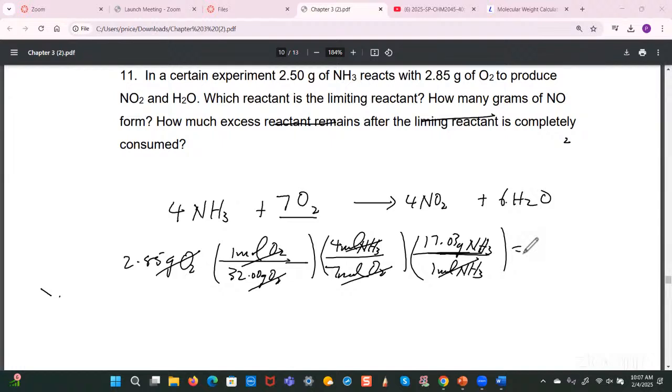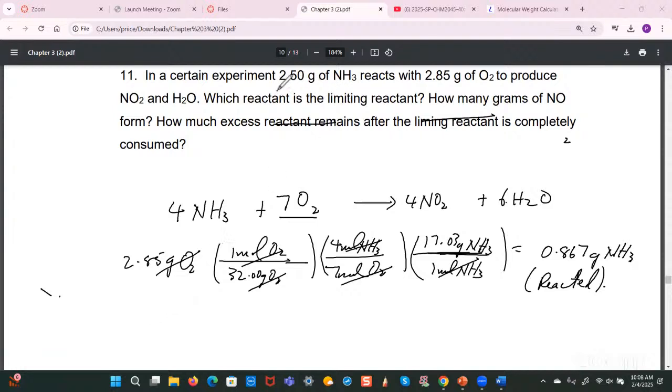And according to my calculations, this works out to be equal to 0.867 grams of ammonia. But we're not finished yet, because remember, this represents the mass of ammonia that reacted. What the question is asking for is the amount of ammonia that remains. So how would we calculate that? You subtract the reactant from the starting amount.